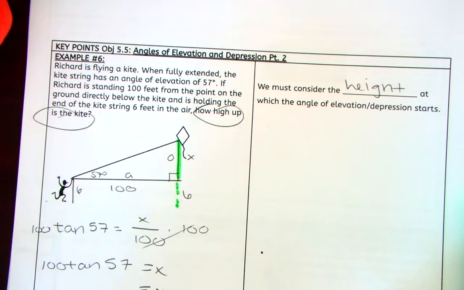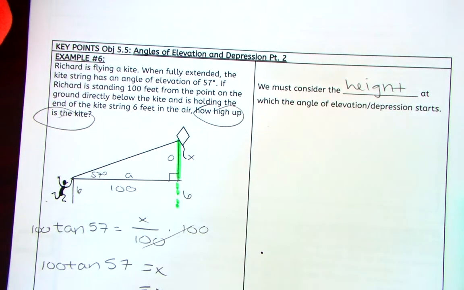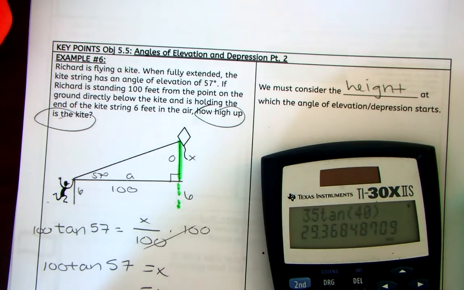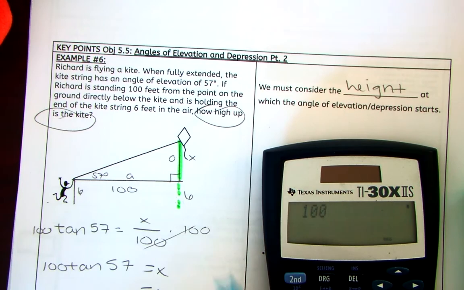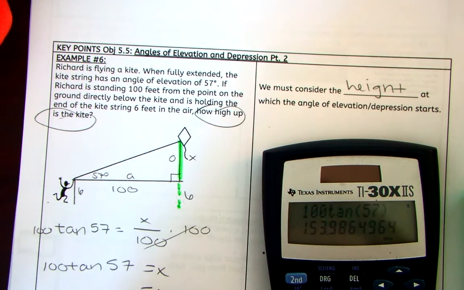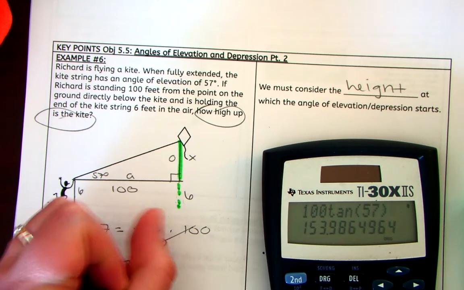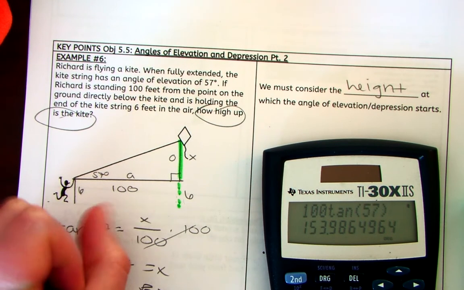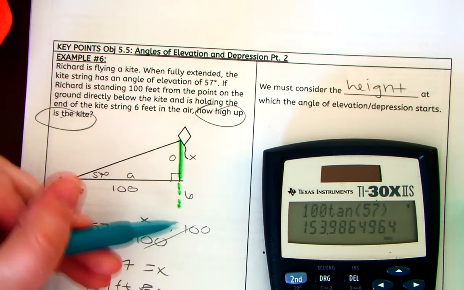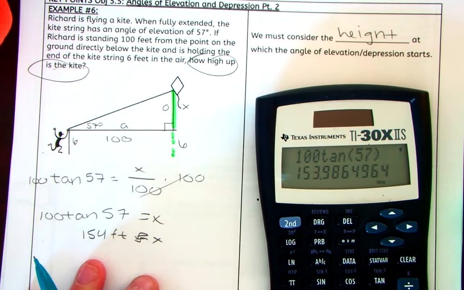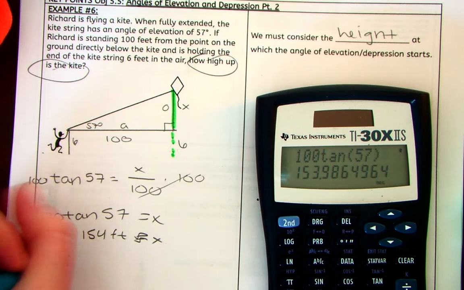When I put that in my calculator, 100 times the tangent of 57 is equal to about 154. I'm going to round it to 154. About 154 feet.